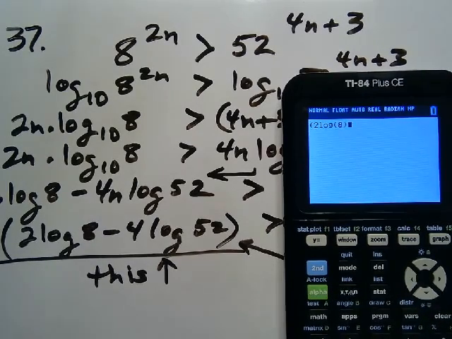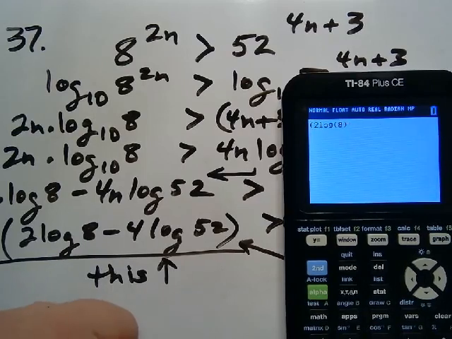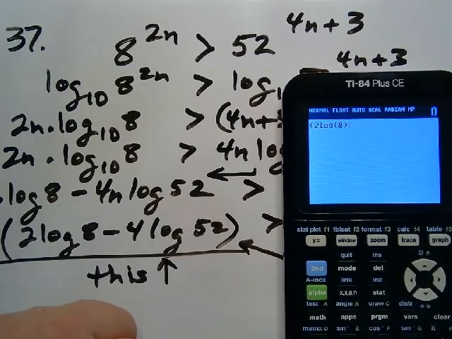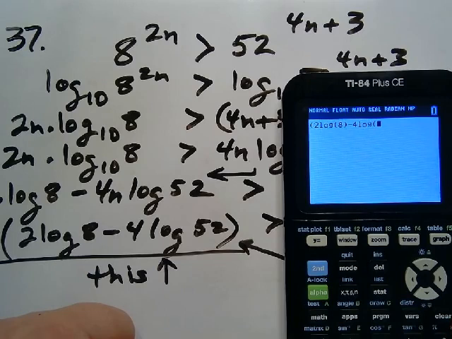By the way, notice that in the calculator it looks like 21 up there, but that's 2 times log. The L and the 1 look the same in this calculator. 2 times log base 10 of 8 minus 4 times log base 10 of 52. Close the 52, close the numerator, and see what we get.